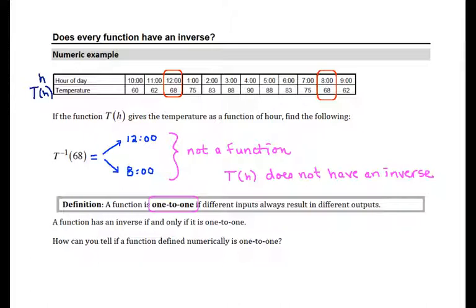If we don't have any repeated outputs in a function, then we can conclude that that function is one-to-one. So looking at a function that's defined numerically, as this one is, what we're looking for is no repeated outputs.